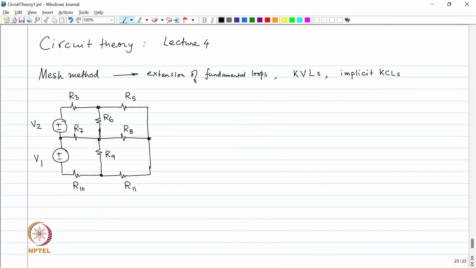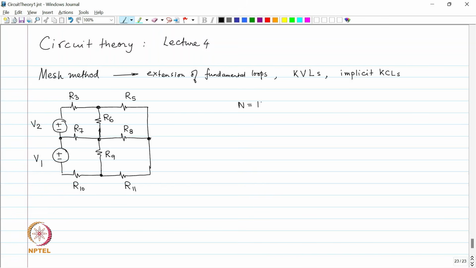How many branches are there? Branches, as many components. 11 branches, right. It is all numbered 1, 2, 3, 4, 5, 6, 7, all the way to 11.